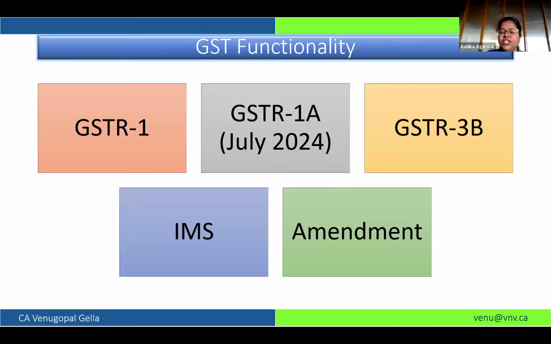These are the various functionalities which are provided on the GST portal. What we have just written is that the government has tried its best to make sure that correction, error and omission are less. If you see, by way of the IMS introduction, error or omission should have reduced.